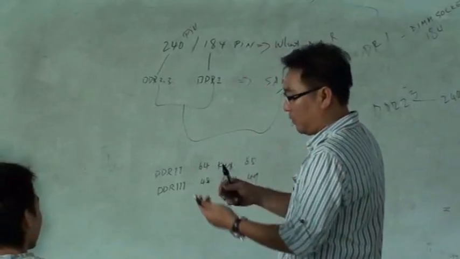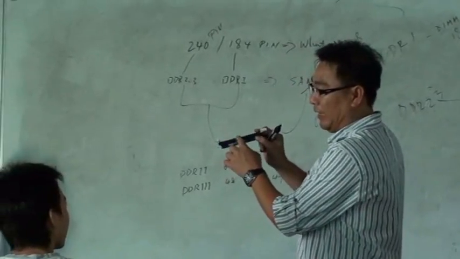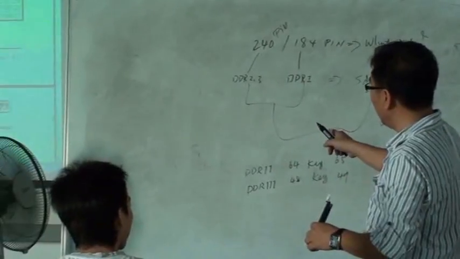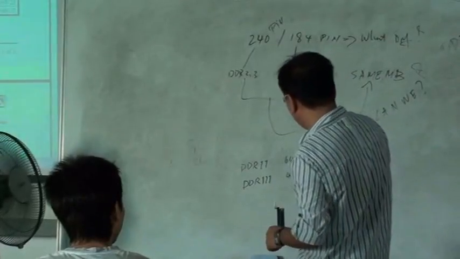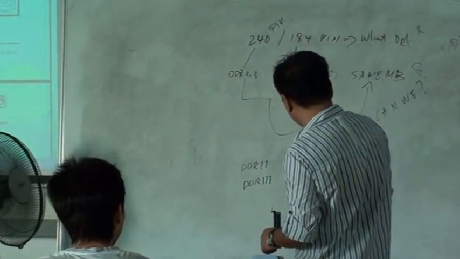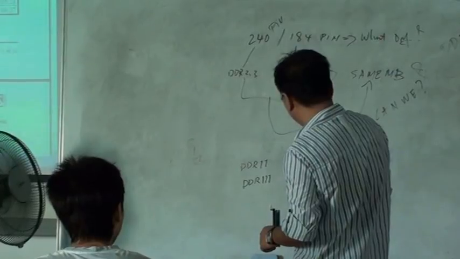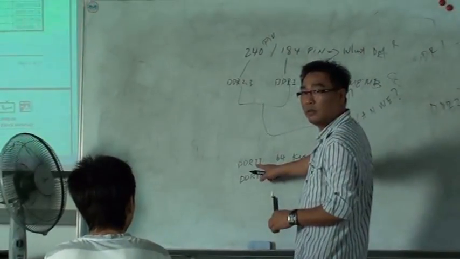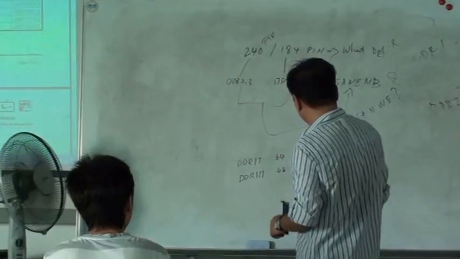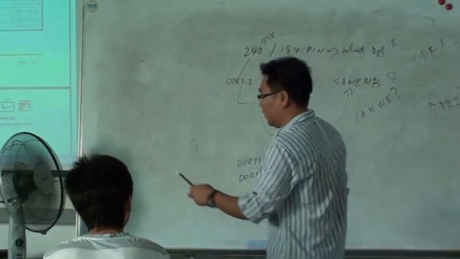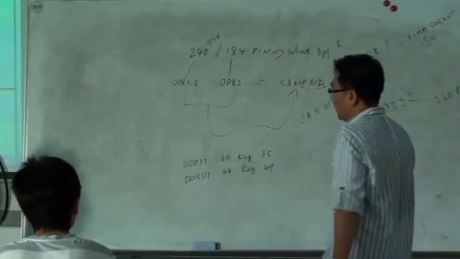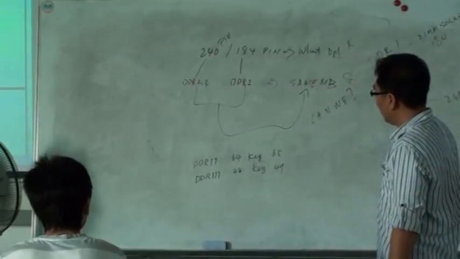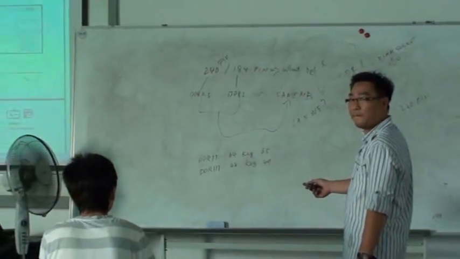The difference is the pin count here, as he said, DDR2. 64 and 65, you sure?